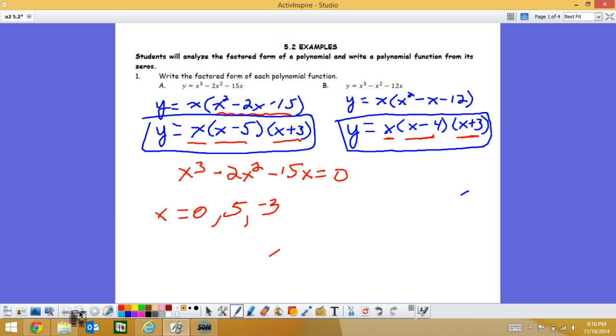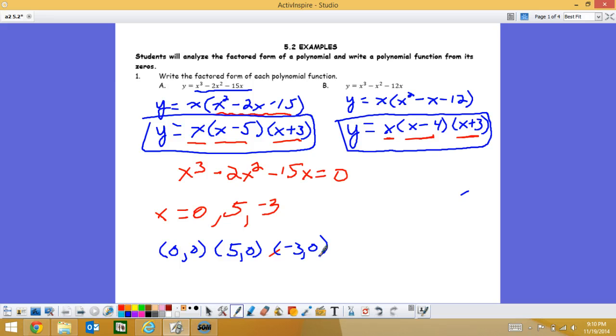If we were to graph the function x cubed minus 2x squared minus 15x, then the points (0, 0), (5, 0), and (negative 3, 0) would be x-intercepts of that graph.